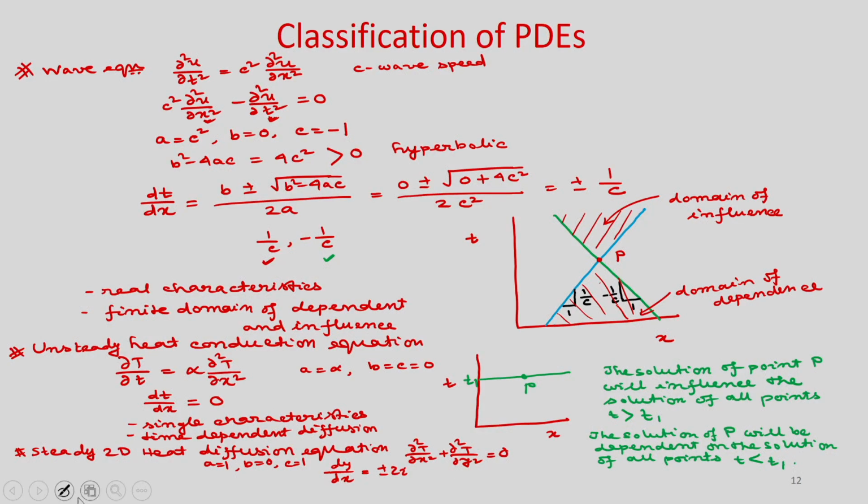If it is elliptic in nature, then if you see this is your x and this is your y, and this is the domain, for any point P the domain of dependence and domain of influence is the entire domain, and it is an equilibrium problem.